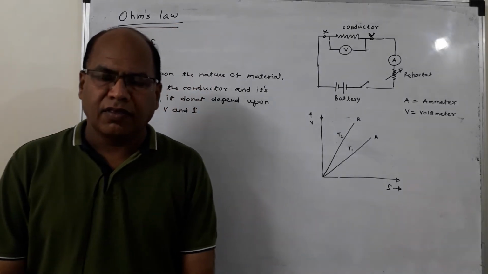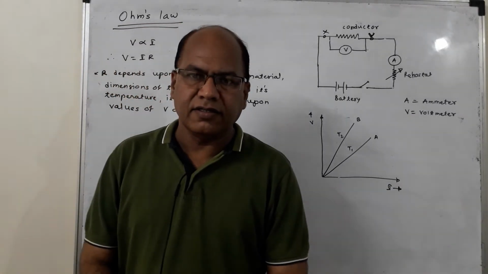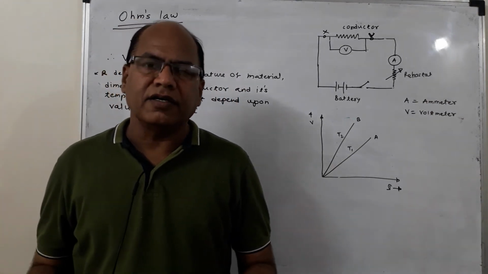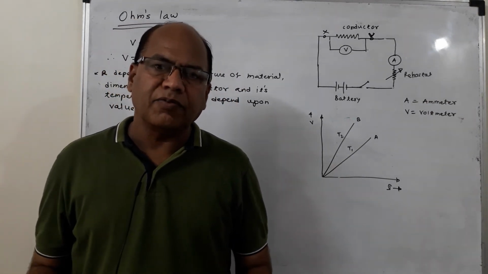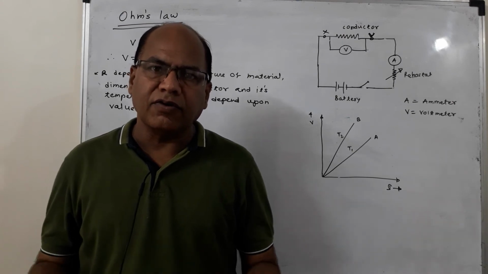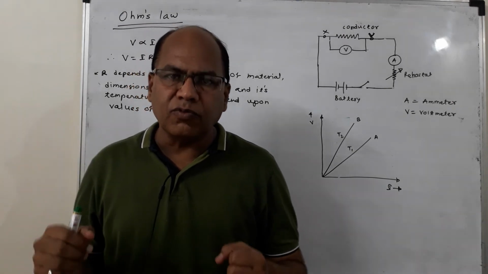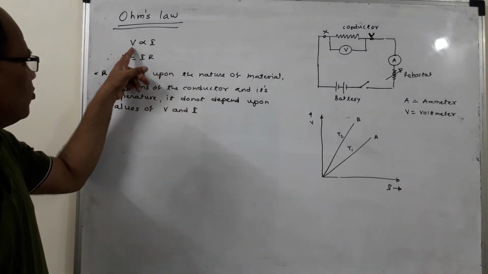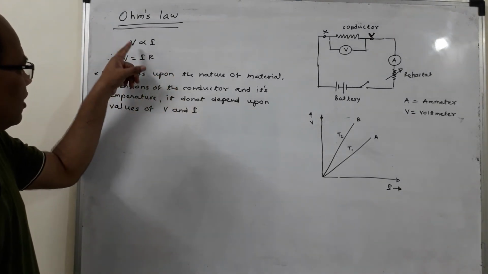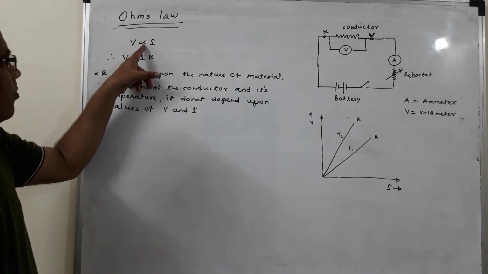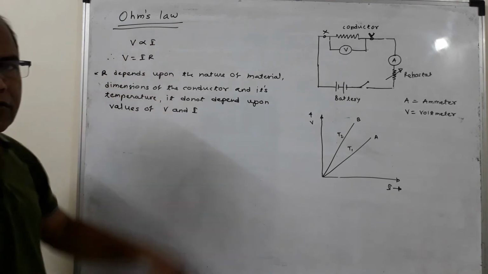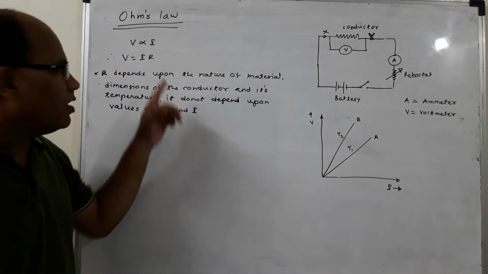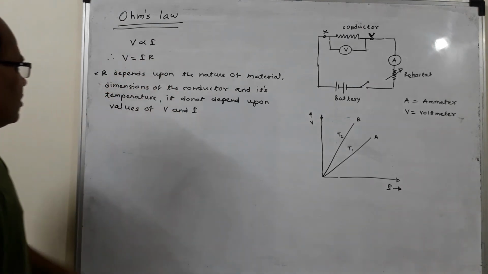Ohm's law. It states that the potential difference across the ends of a conductor is directly proportional to the current flowing through it. Ohm's law is the most fundamental law. Mathematically, it can be written as V = I R, where R is the constant of proportionality.